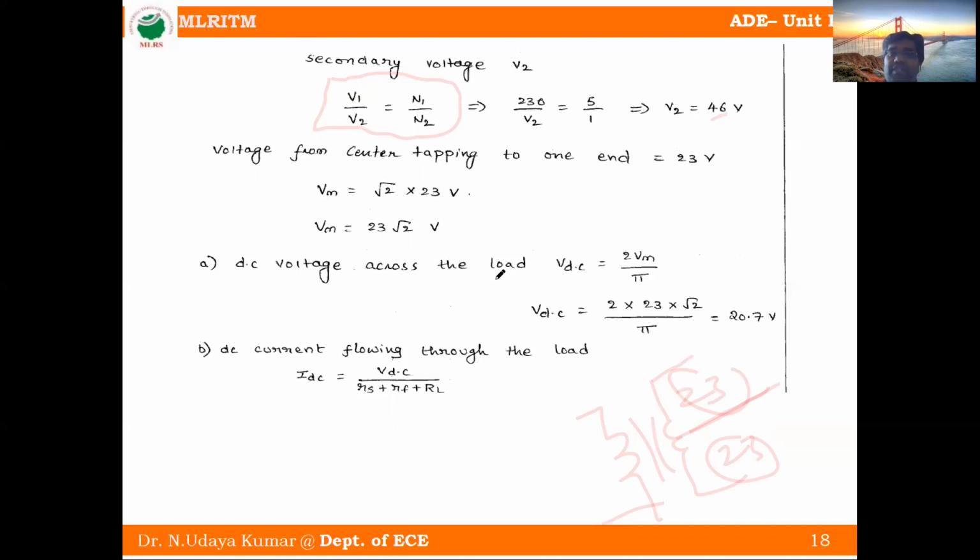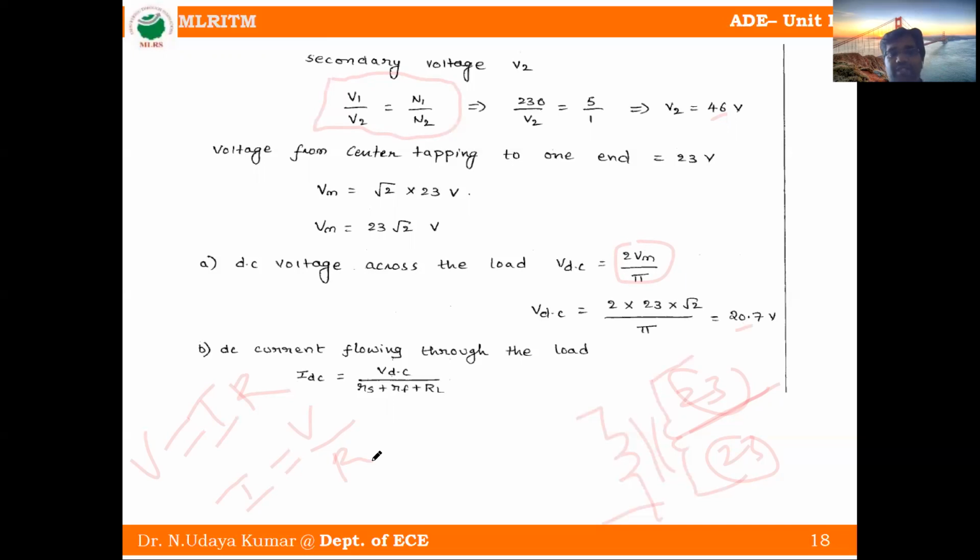Next, the DC voltage across the load. This is the formula for the full wave center tap rectifier: 2 Vm by pi. And for DC current, we know the formula V is equal to IR, so I is equal to V by R. The numerator is voltage, the denominator is resistance.